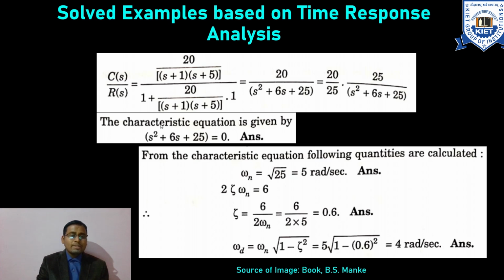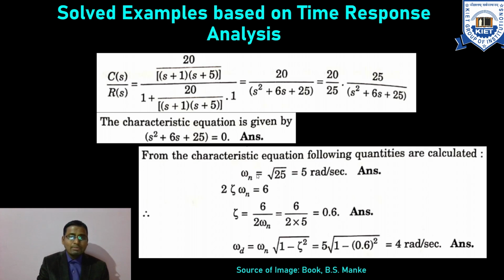Now its characteristic equation is given by putting the denominator term equal to 0. So it becomes s square plus 6s plus 25 is equal to 0. Now after that, find out the value of omega n by comparing with the standard equation. So we will get omega n square is equal to 25.